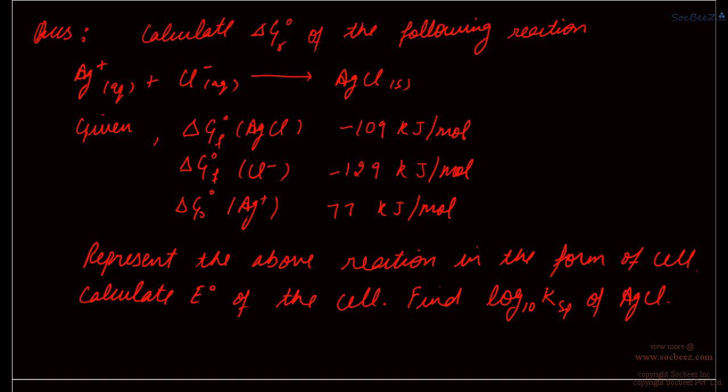Given delta G naught of formation of AgCl is minus 109 kilojoule per mole, delta G naught of formation of Cl negative is minus 129 kilojoule per mole, and delta G naught of formation of Ag positive is 77 kilojoule per mole. Now represent the above reaction in the form of a cell. Calculate E naught of the cell. Find log 10 Ksp of AgCl.